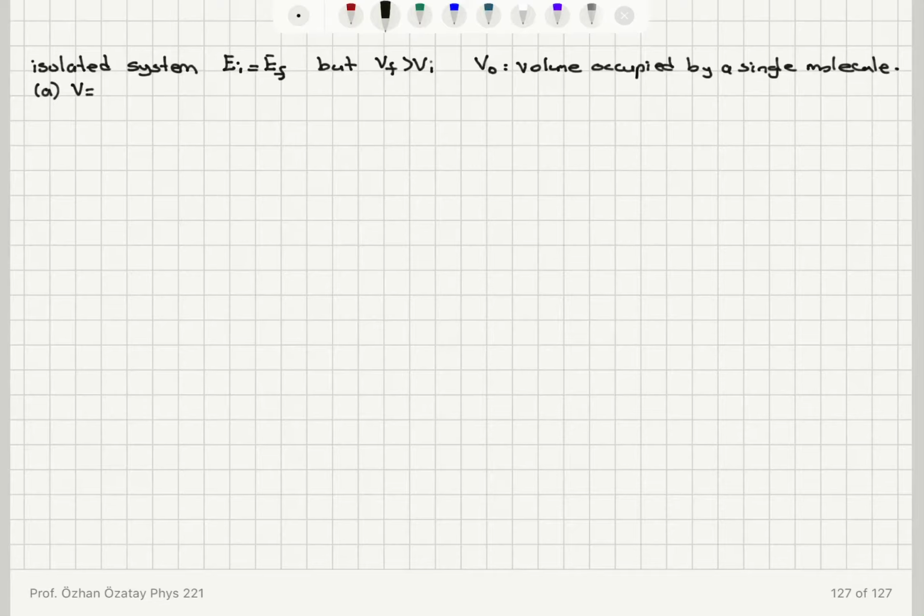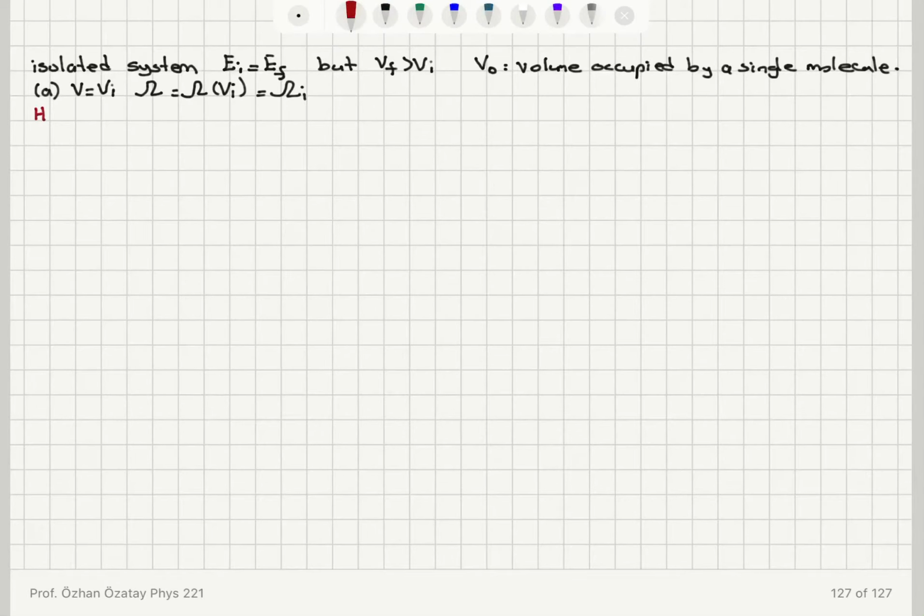So for part A, when I have the molecules trapped in the initial volume V initial, so this is V is equal to V initial constraint, and I will calculate the number of accessible states that is determined by this volume. So omega initial is what I'm after. So how many accessible states do I have? So let me ask this question.